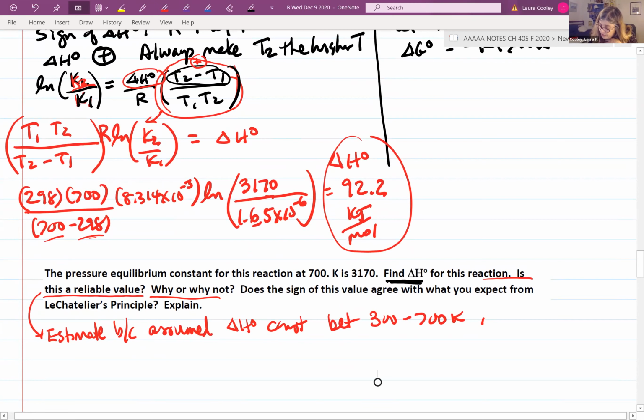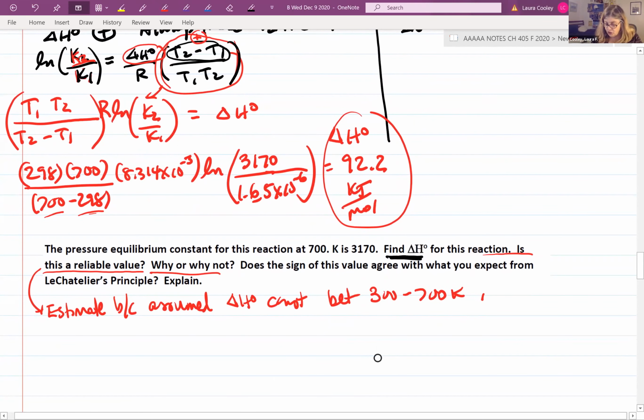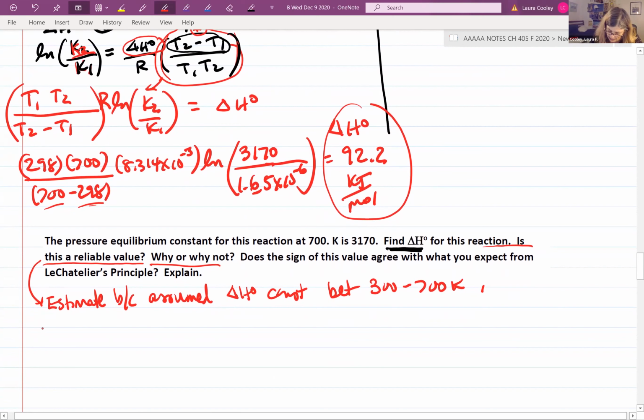Does the sign of the value agree with what you'd expect from Le Chatelier's principle? So we had K2 much greater than K1, right? 3170, 1.65 times 10 to the negative 6.